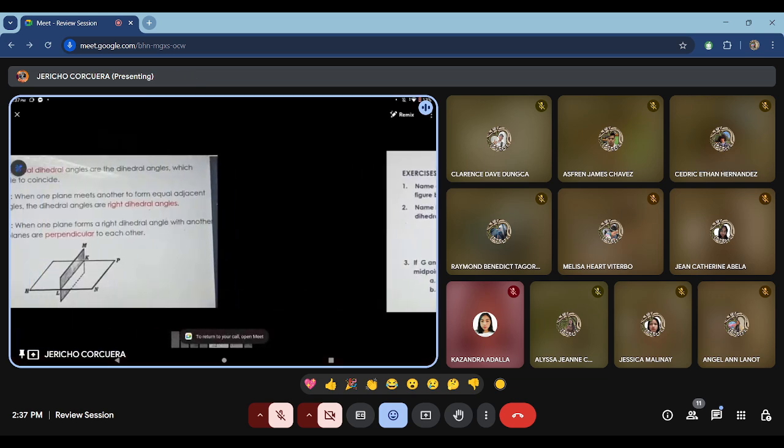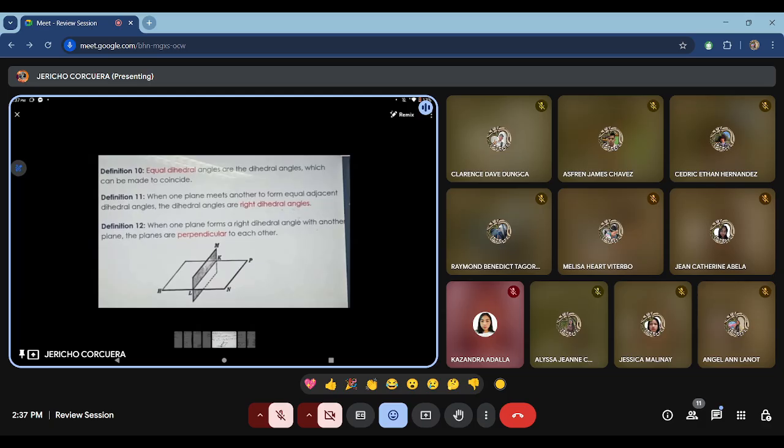Equal dihedral angles are the dihedral angles which can be made to coincide. When one plane meets another to form equal adjacent dihedral angles, the dihedral angles are right dihedral angles. When one plane forms a right dihedral angle with another plane, the planes are perpendicular to each other.